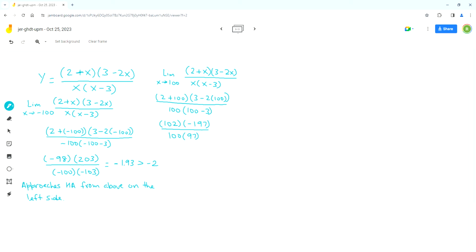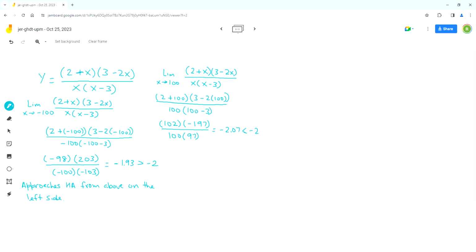Now if we evaluate this expression, 102 times negative 197 divided by 100 times 97, I got negative 2.07, which is less than negative 2.